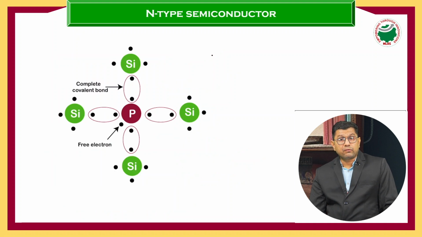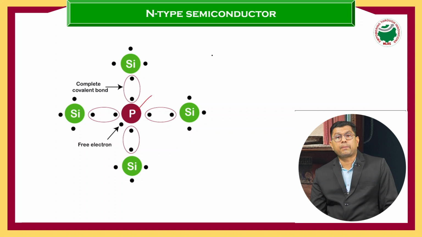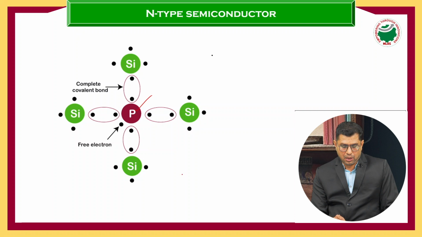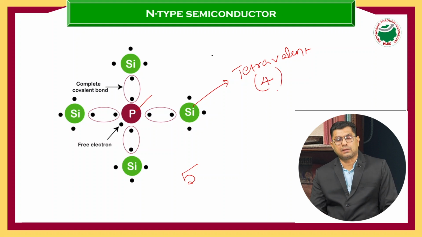Next, when we consider pentavalent impurity, pentavalent impurity is nothing but phosphorus. In the name itself, pentavalent means how many valence electrons are there? 5 valence electrons are there. Silicon is tetravalent. What is the meaning of tetravalent? It has 4 valence electrons.